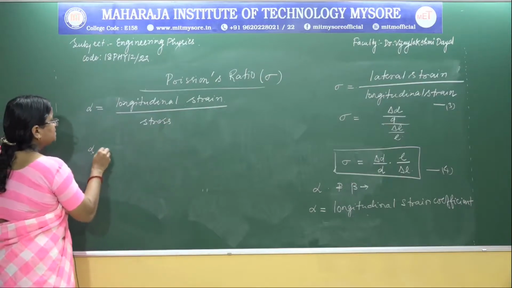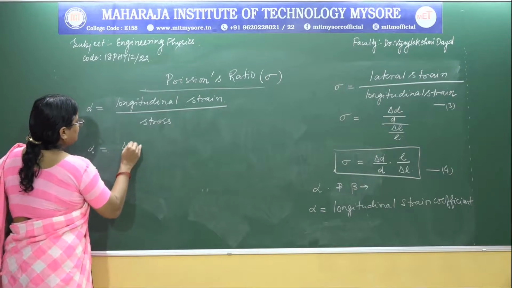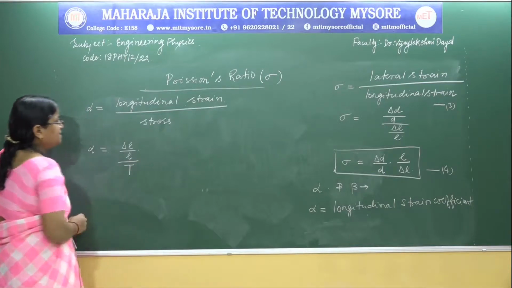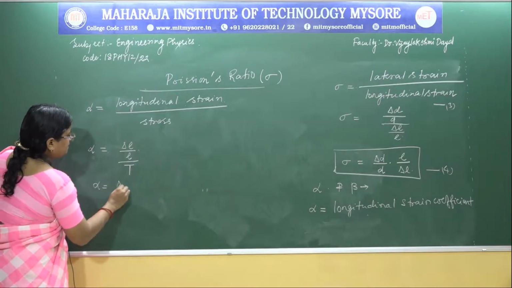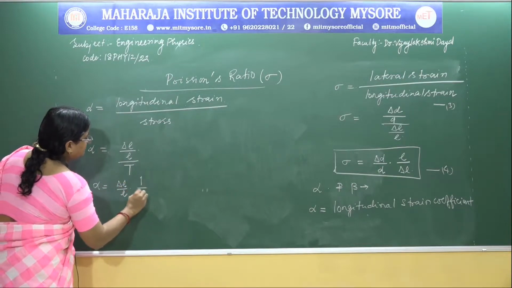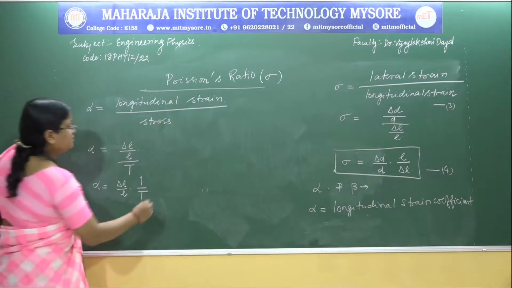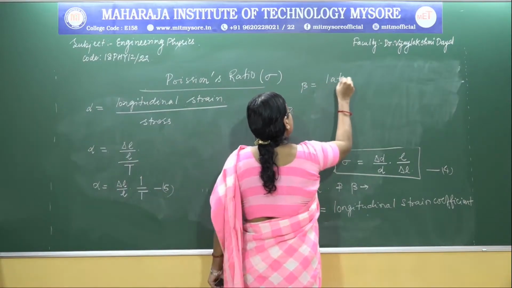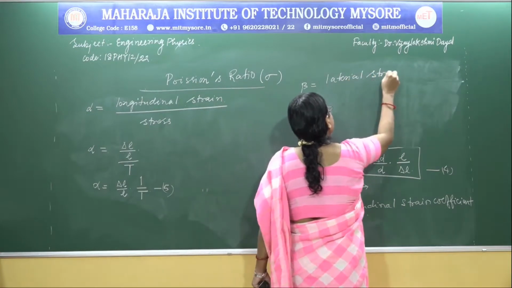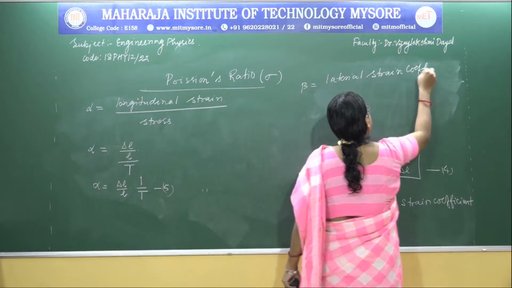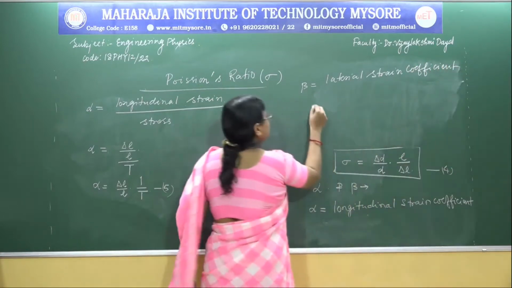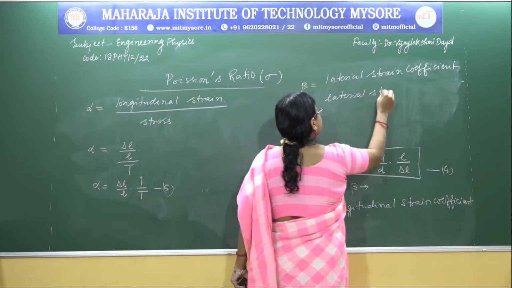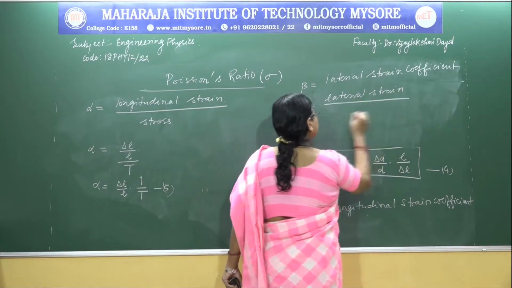So we can write alpha equal to delta L by L divided by stress, that is T, and further we can write it as delta L by L into 1 by T. Beta we define as the lateral strain coefficient, which can be written as lateral strain per unit stress.